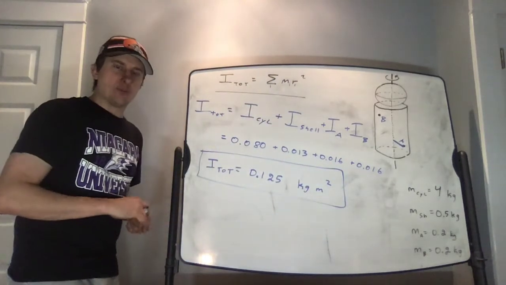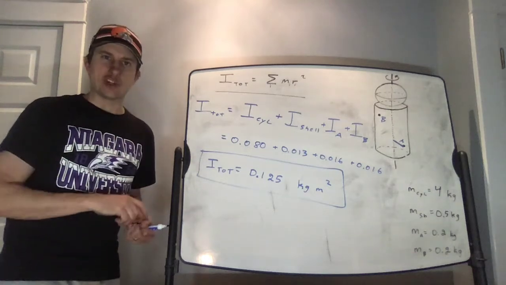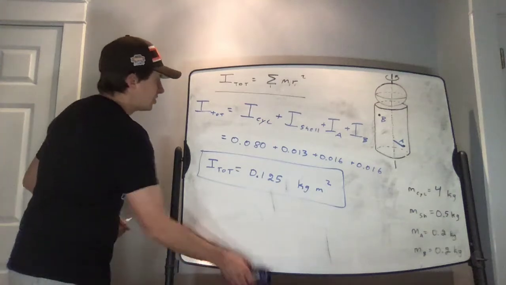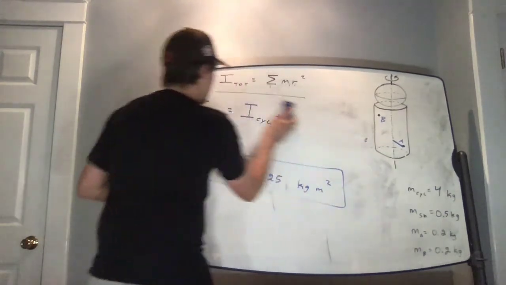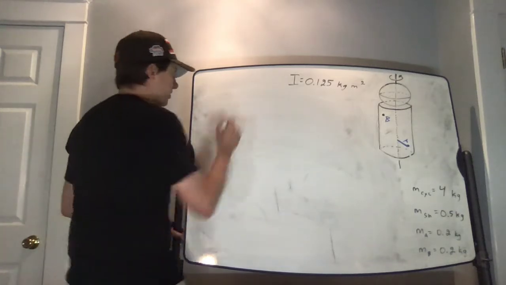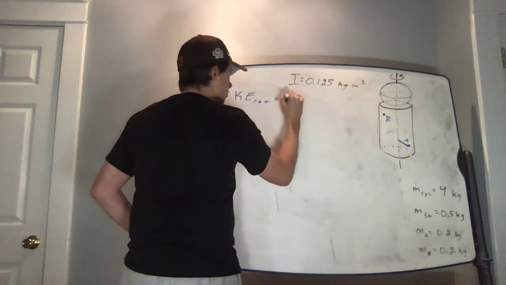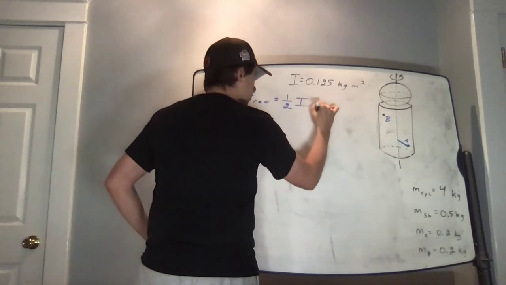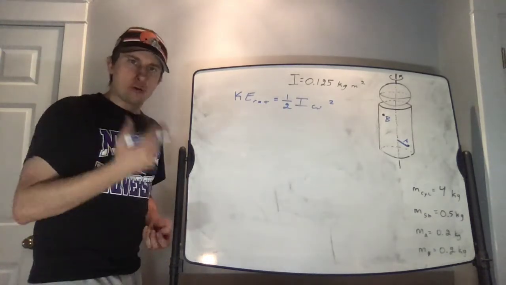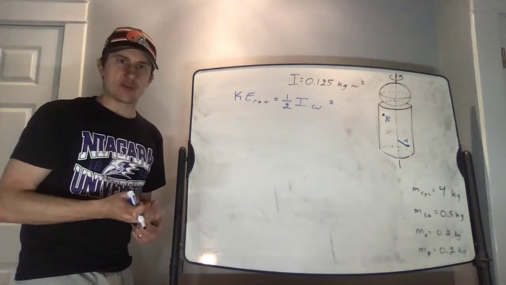In part C of this problem, we are told that this thing is spinning at a rate of 5 revolutions per second, and we're asked to find the rotational kinetic energy. To do that, I will say the kinetic energy of rotation equals 1/2 I omega squared. Whenever we work with this equation, our angular velocity omega must always be in units of radians per second.